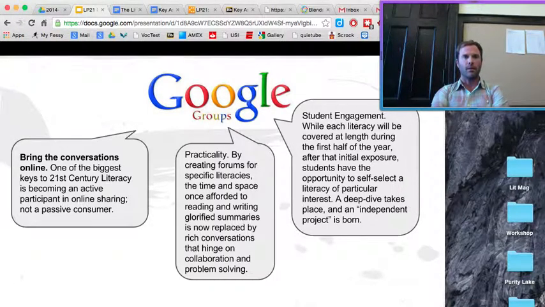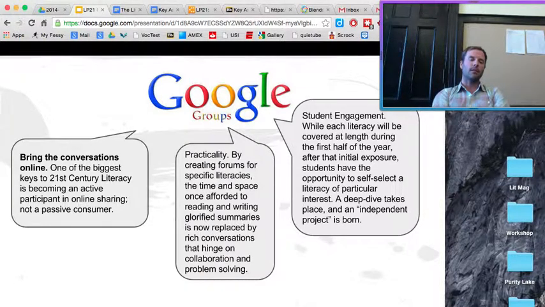It dawned on me that one of the keys to being a 21st century literate person is being an active participant, right? How we use the internet, how we disseminate information, how we filter it, and becoming an active participant and not what we probably are the vast majority of the time, which is a passive consumer.